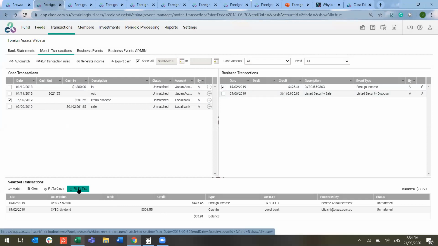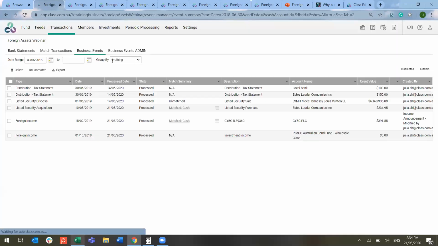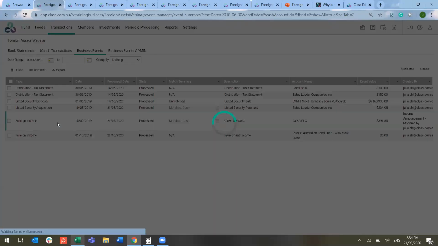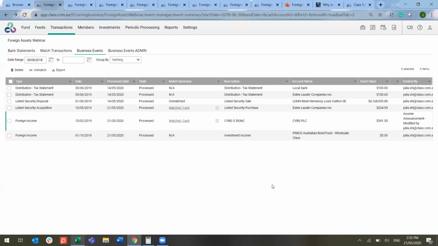If I click on fit to tax, let me show you what happened to that event. The total dividend income is still $559, but my foreign tax credits have been doubled, taking up this extra $83 as my foreign tax credits. This makes sure that my foreign tax credits flow correctly into the tax return.